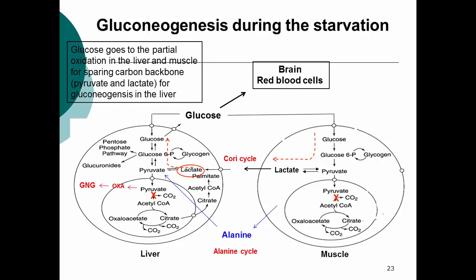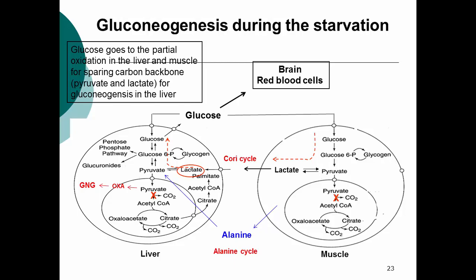This slide just puts together, to remind you, the 2 important cycles for gluconeogenesis: the Cori cycle and the alanine cycle. These cycles involve actually 3 tissues: the liver, muscle, and the red blood cells.